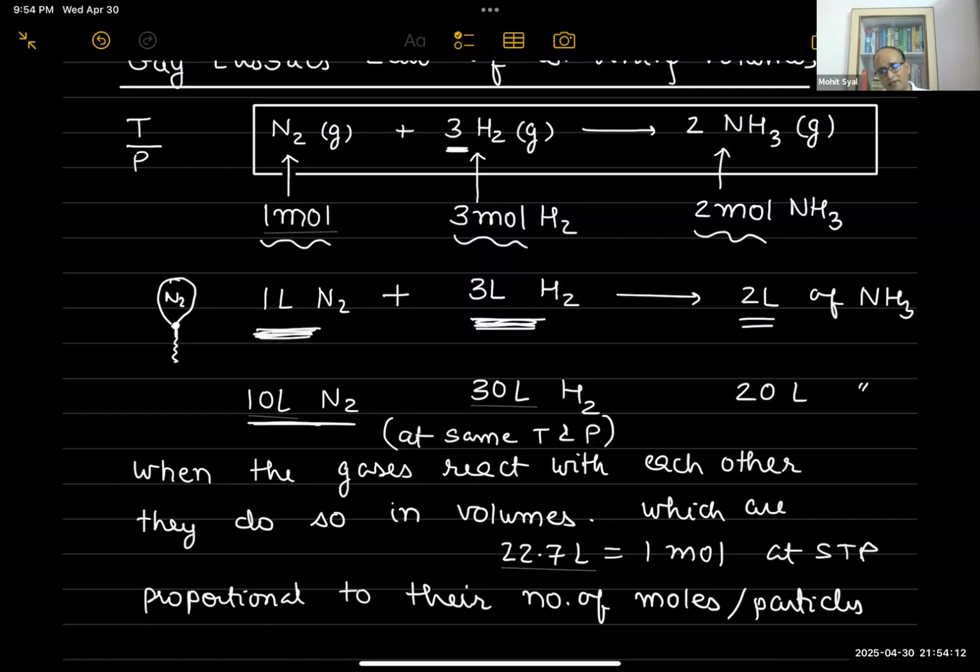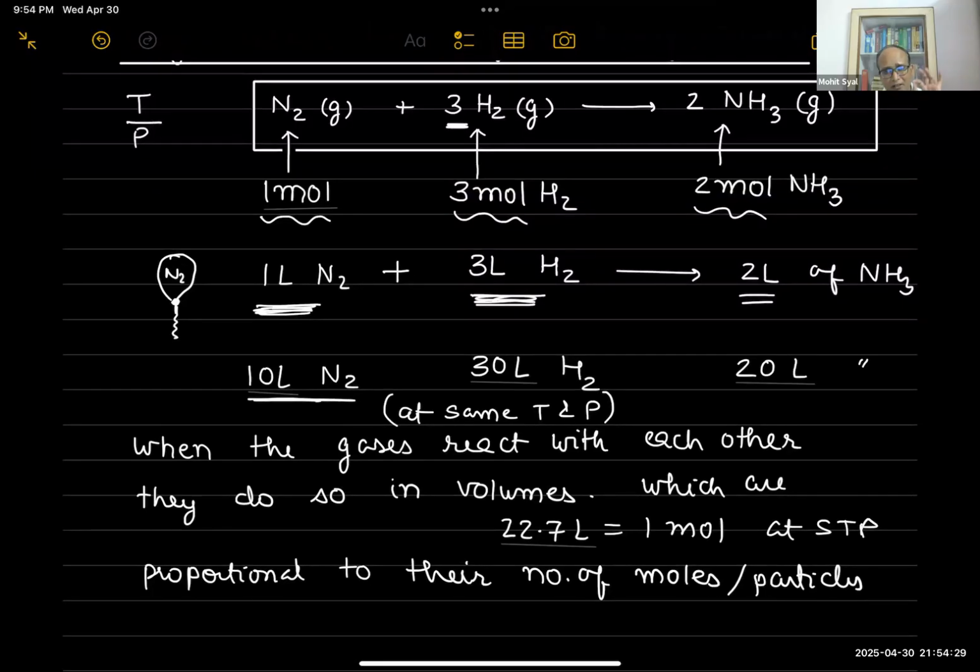at 100 degrees. Because at 100 degrees it will have very high volume. It will expand. So then I cannot relate the volumes of the gases. But because they are part of a chemical reaction, they are taken in the same container.